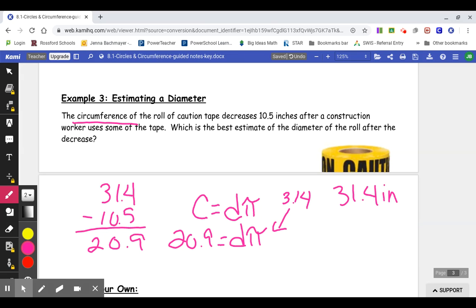If I divide both sides by that pi, when I do 20.9 divided by 3.14, the diameter is going to be approximately 6.7 inches. Okay, go ahead and pause the video and try the next try on your own.